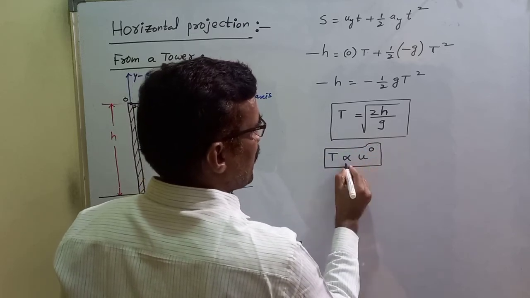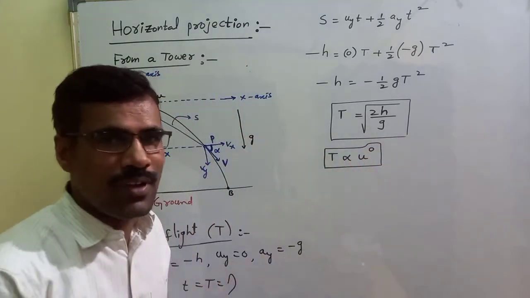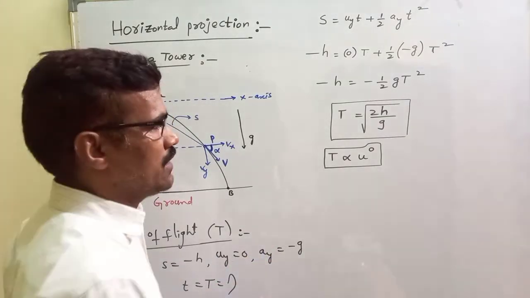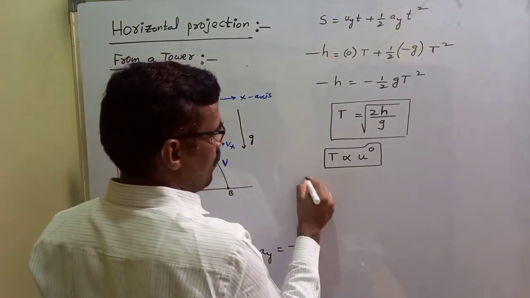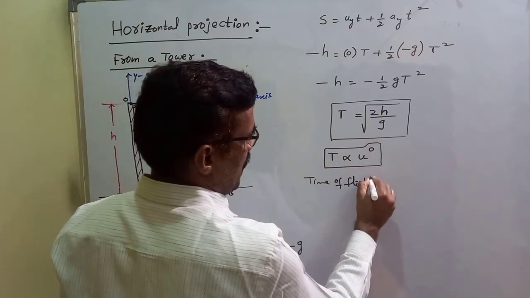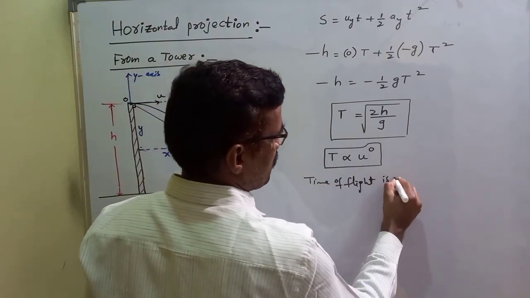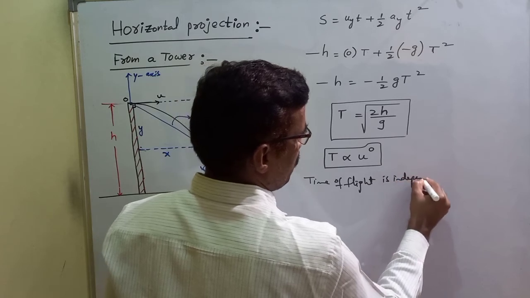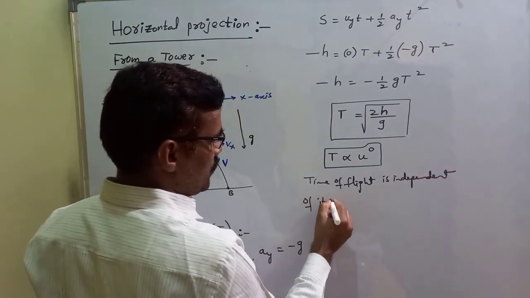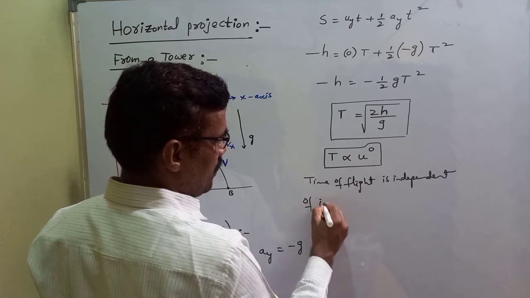It is proportional to u power 0, and u power 0 means independent.